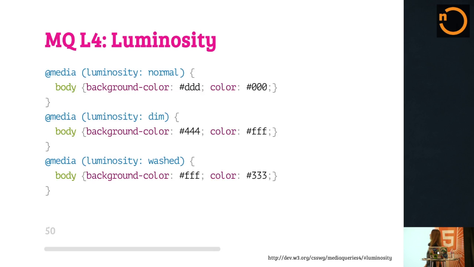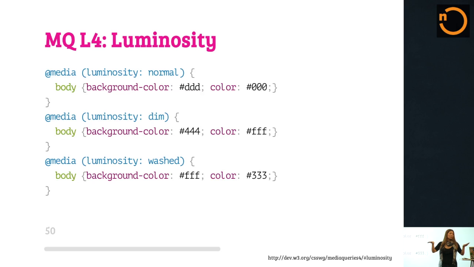And these are really cool things. Luminosity. This is a new thing. Again, this is super new. No browser has implemented it. Basically, a device has a light sensor. Well, I don't say all devices, but many devices have light sensors. So depending on the user's environment, it detects the light level.